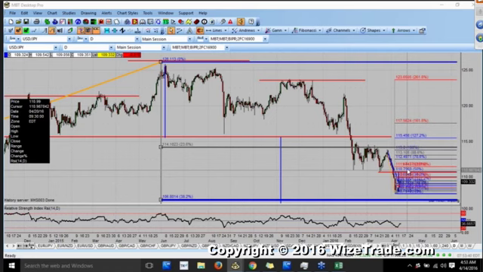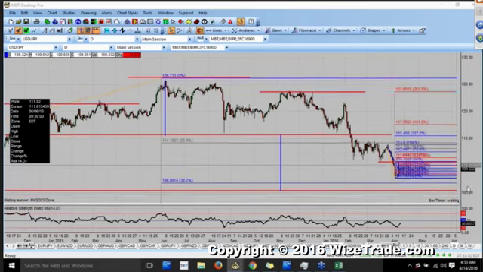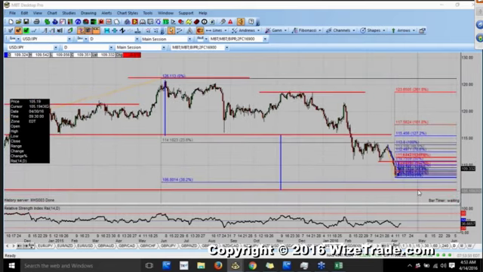And if we can get up to 110.50, I am a seller. Just so you know, if we can get back up here, I do want to be on the short side of the dollar yen. I think we have unfinished business still down at 105.